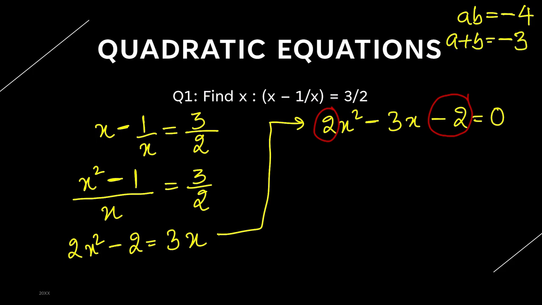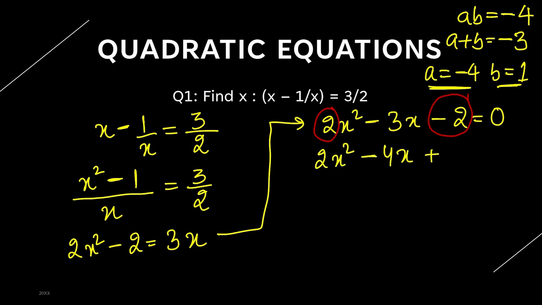Think of two such numbers where the product is minus 4, but the sum is minus 3. I will give you: A is minus 4, B is 1. Because if you multiply these two, it will give you minus 4, but if you add these two, it will give you minus 3. So I know minus 4 and 1 are my numbers. So 2x square minus 4x plus 1x minus 2 is equal to 0.